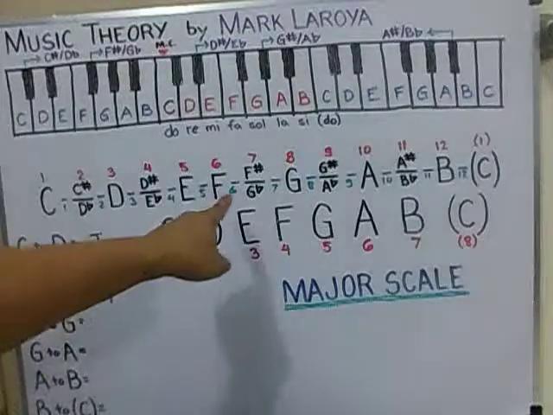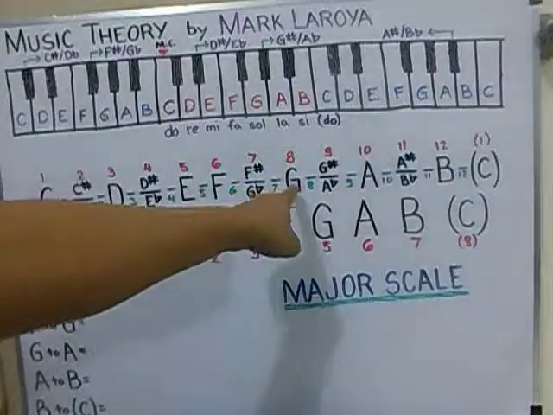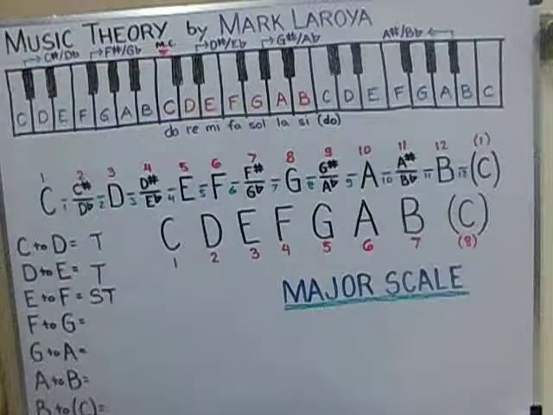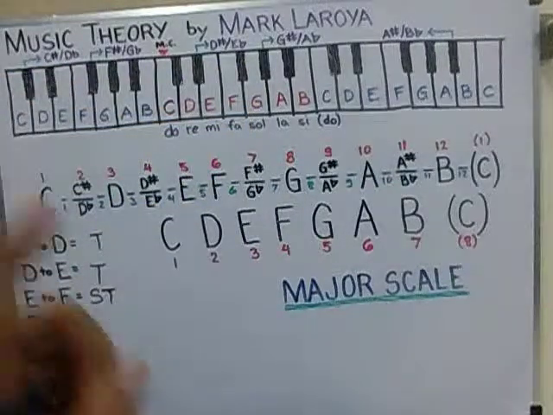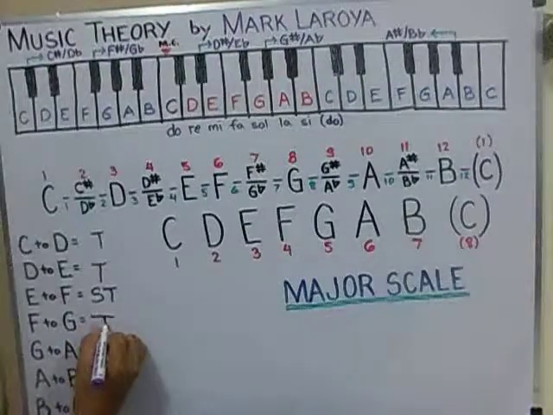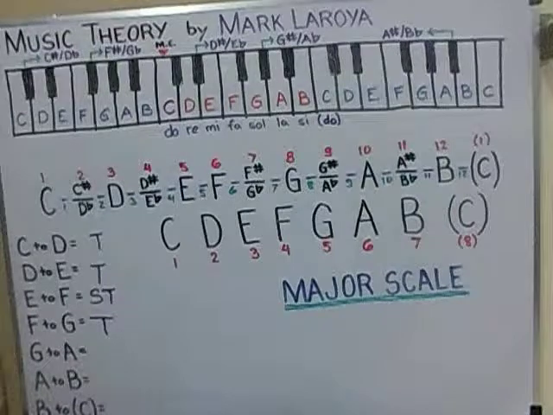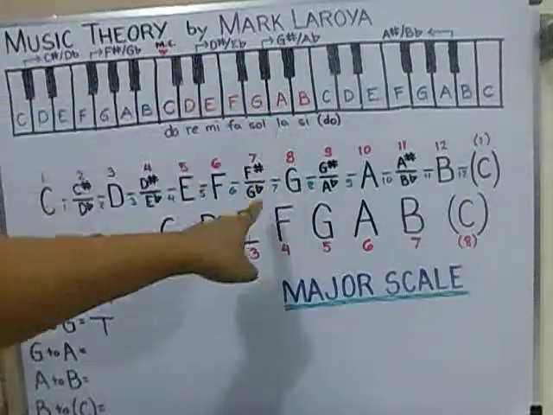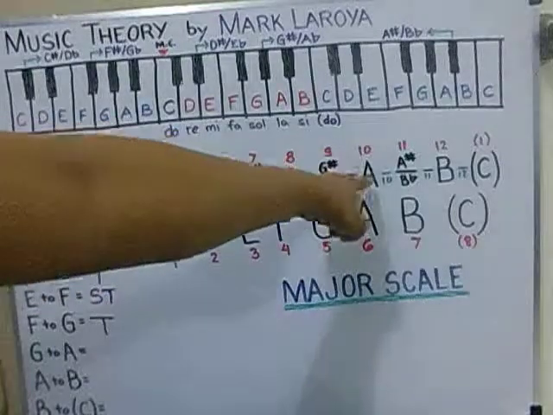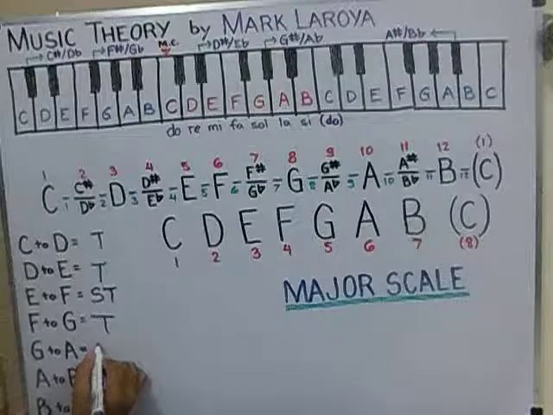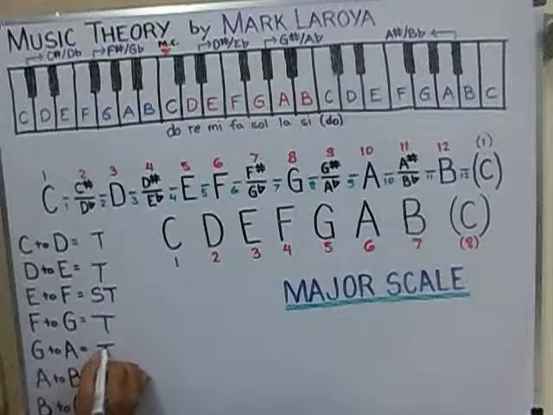From F to G, 1, 2, 2 semitones or one tone. Now from G to A, 1, 2, 2 semitones or one tone.